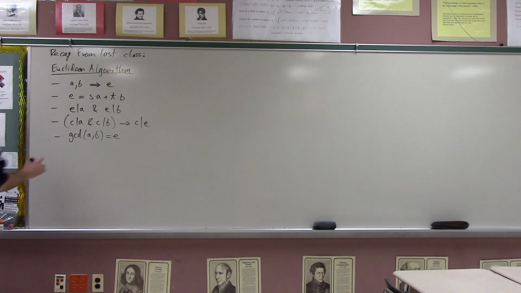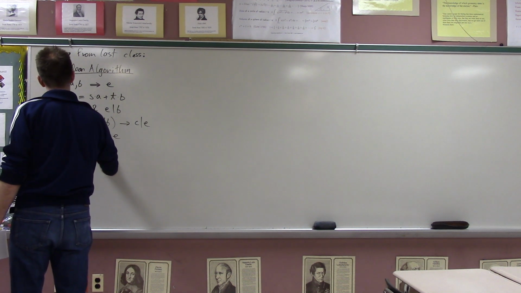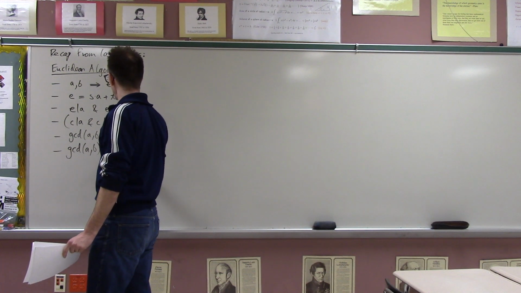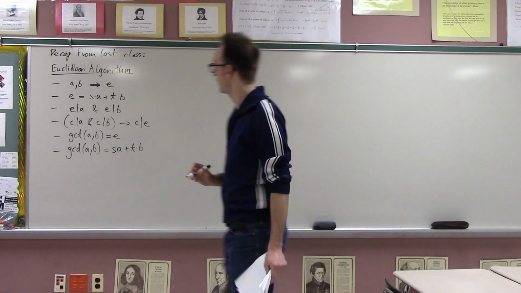The grand conclusion is that the GCD of two numbers A and B can be written in the form SA plus TB, which is not an obvious fact at all.